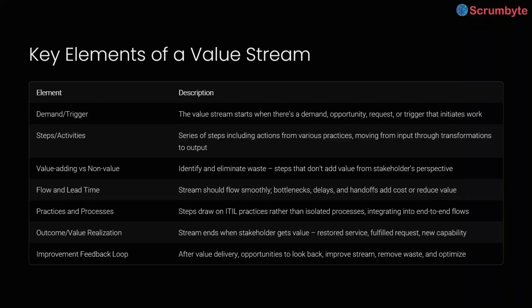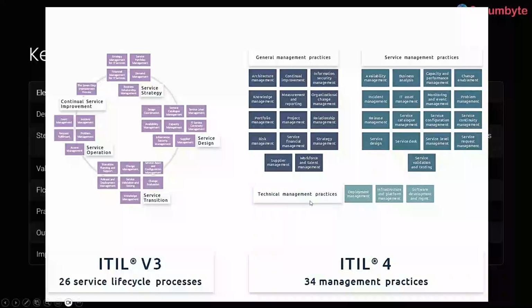Practices and processes. Steps are drawn from practices rather than isolated processes, integrating the end-to-end flow. And just to talk about this one, let's look at this diagram here. This is the ITIL 3, wherein there were 25 service lifecycle processes.